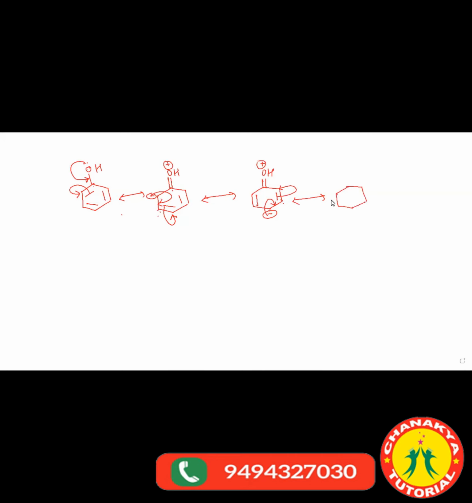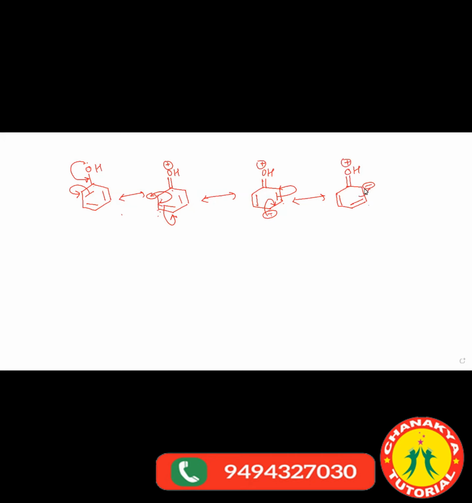Now, what you're going to do? You have to draw again your structure as it is, right? As we know, this negative charge is utilized over here to form a double bond. So I'm going to draw the double bond here, and the double bond between your fifth and sixth carbon would be delocalized to the ortho position with a negative charge. So here it will be a double bond, OH with positive charge as it is. Now what happened?